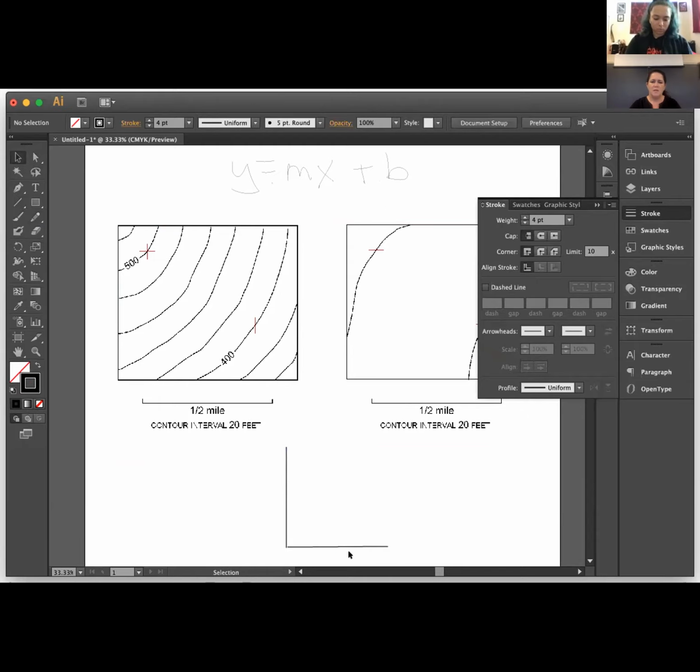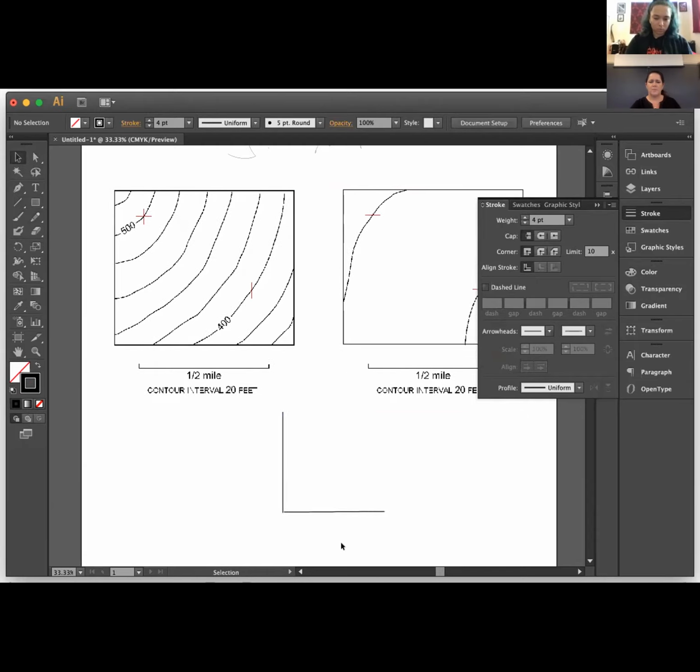So you could plot this on a diagram like this. Your horizontal distance would be on the x-axis. Let me just draw. So this is x there, this is y.